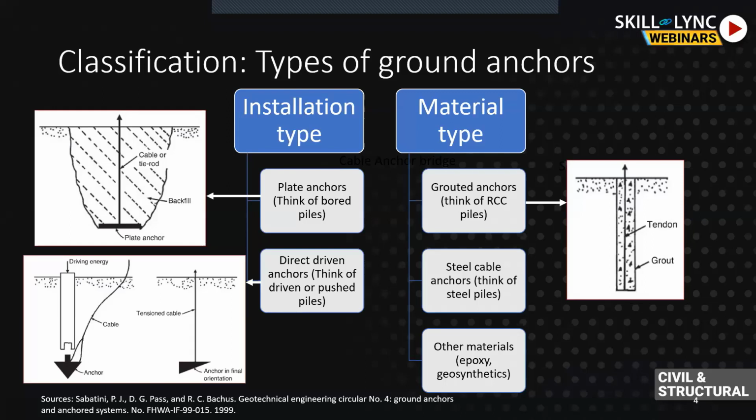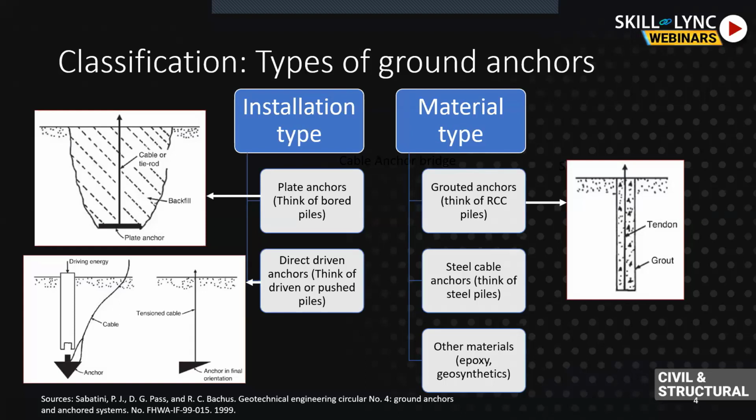Based on installation types, as you can see here, we have two types of anchors, specifically plate anchors, where we scoop the ground and dig it to a specific length which we assume will be good enough to support the anchor in the ground. Then we put in a plate, and through the plate we push the anchor, apply some pre-tension, and then we bury the anchor.